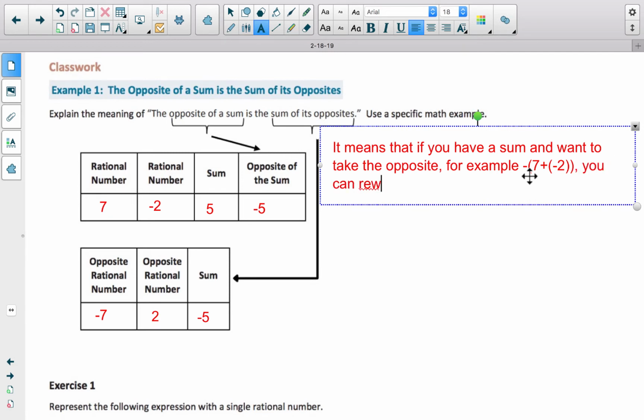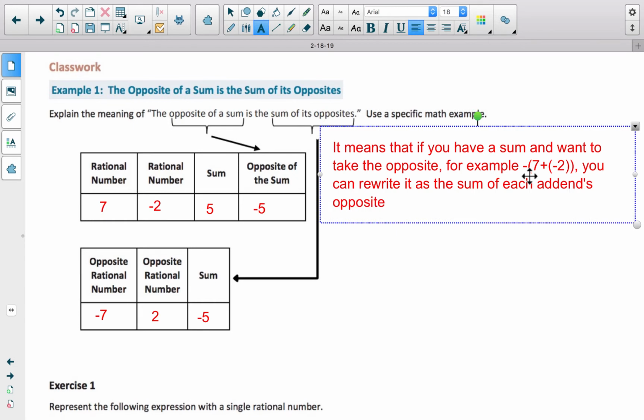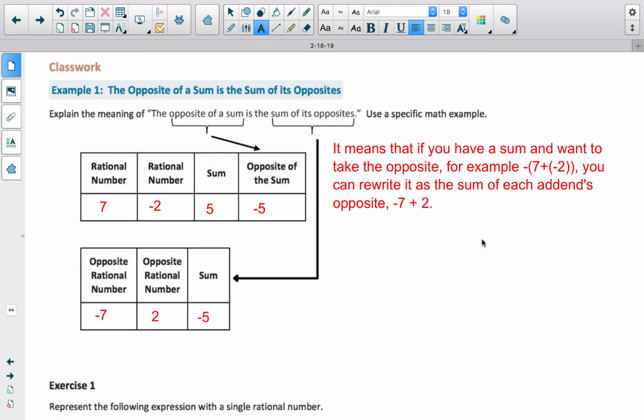You can rewrite it as the sum of each addend's opposite, which is -7 plus 2. It's just a little pattern that happens in mathematics, developing a little bit more skills for your tool bag. So if you want the opposite of this sum, you're going to end up just adding the opposites of each of the individual numbers, and you'll end up with the opposite of the sum.